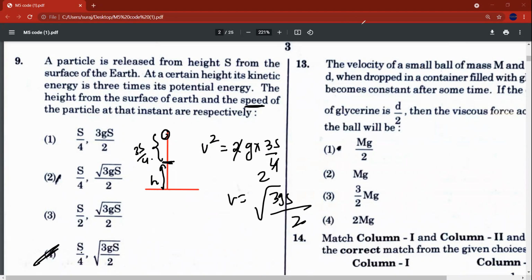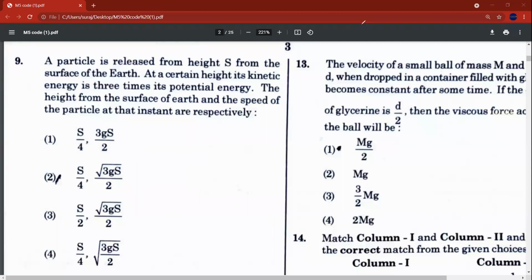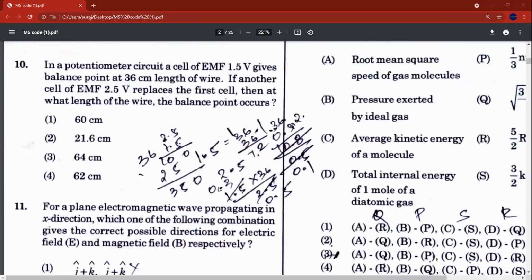Question number 9. If in a potentiometer circuit, this is also an easy question. In a potentiometer circuit, a cell of EMF 1.5 volts gives a balancing point at 36 centimeters.